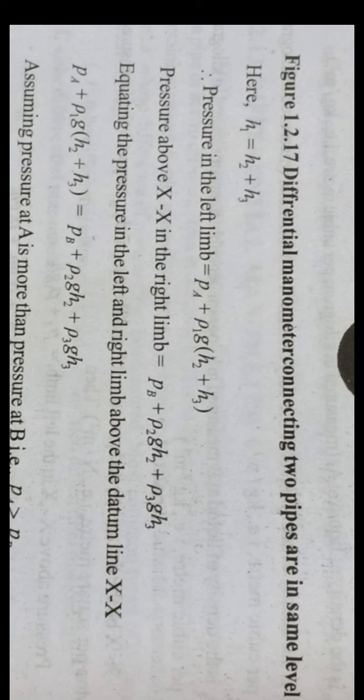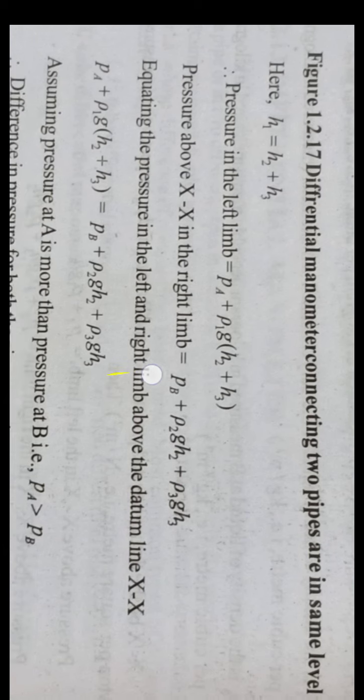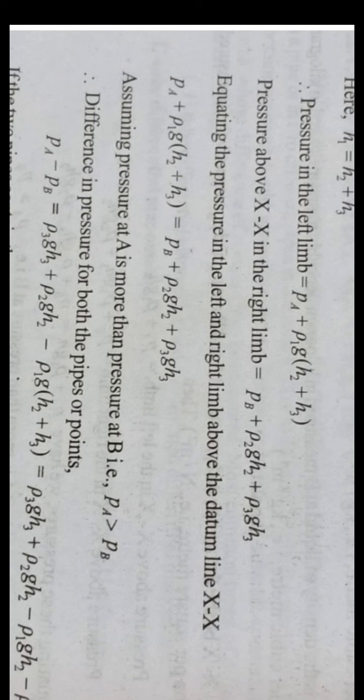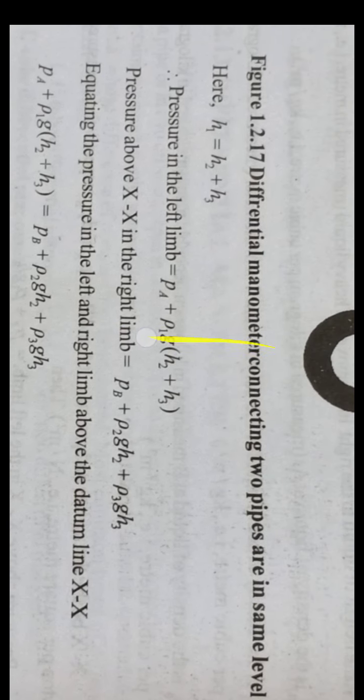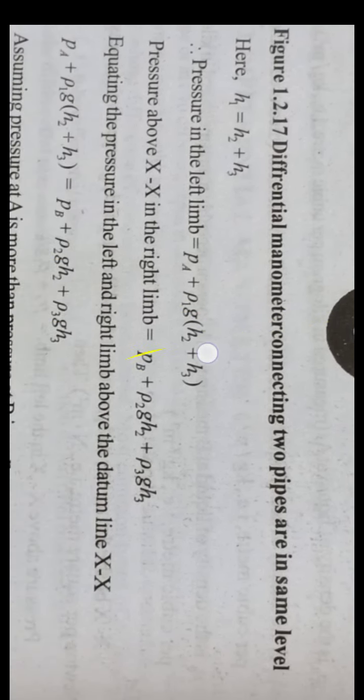Equating the pressure in the left and right limb above the datum, that is liquid column balancing: PA plus rho 1 G into (H2 plus H3) is equal to PB plus rho 2 GH2 plus rho 3 GH3. Assuming pressure at A is greater than pressure at B, that is PA greater than PB, because from the diagram we can see that the level of mercury in the left limb is lower than in the right limb.